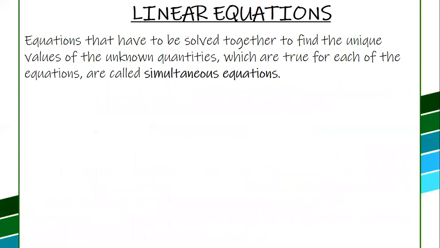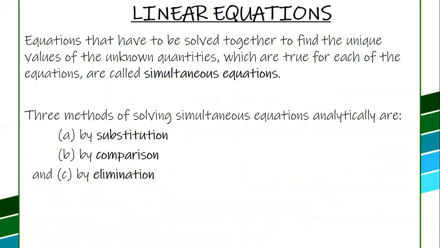Equations that have to be solved together to find the unique values of the unknown quantities, which are true for each of the equations, are called simultaneous equations. So, three methods of solving simultaneous equations analytically are A by substitution, B by comparison, and C by elimination.